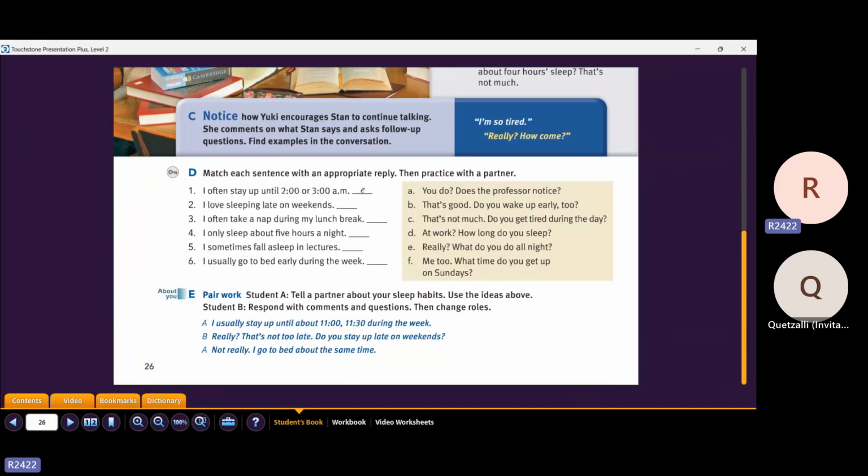For example, number one. I often stay up until 2 or 3 a.m. And we have letter E. Really? What do you do all night? So we continue with number 2 to number 6.